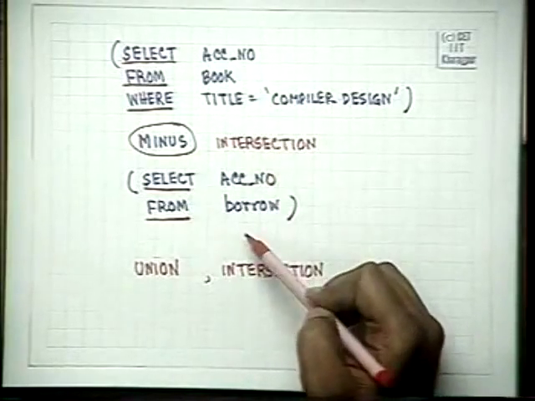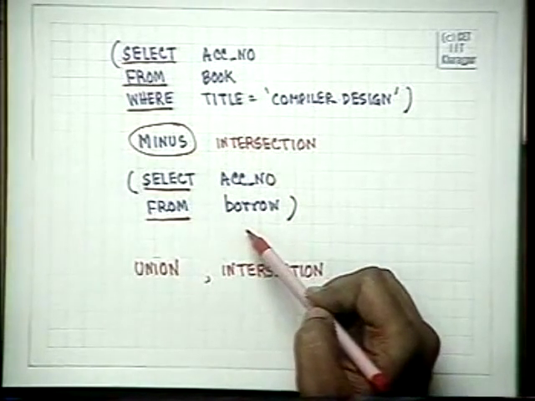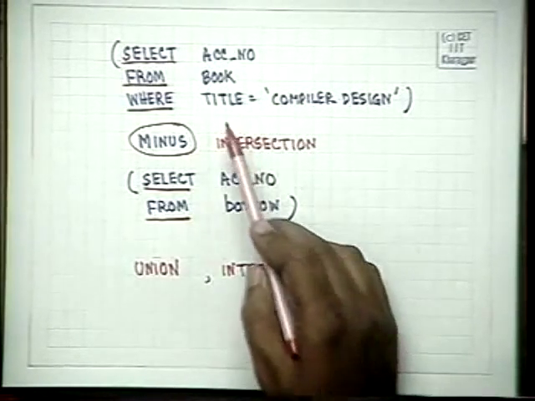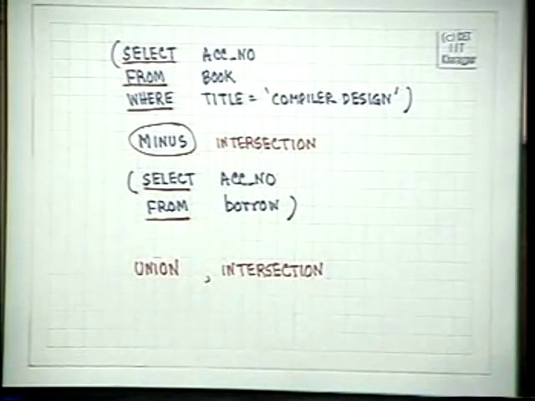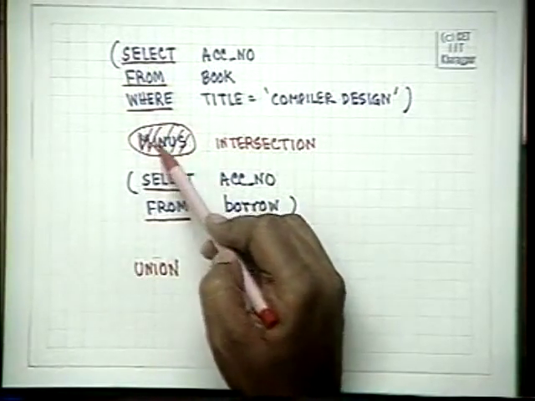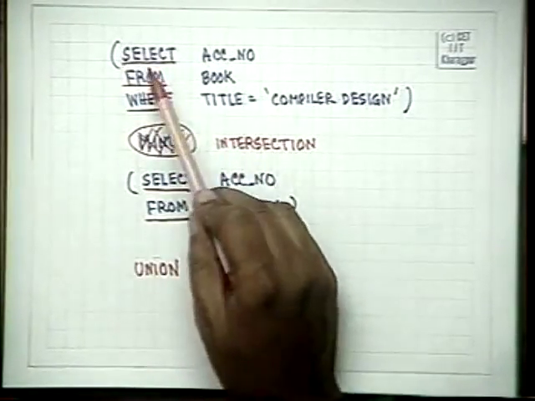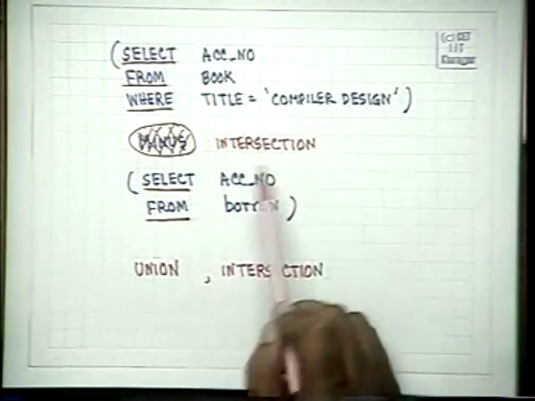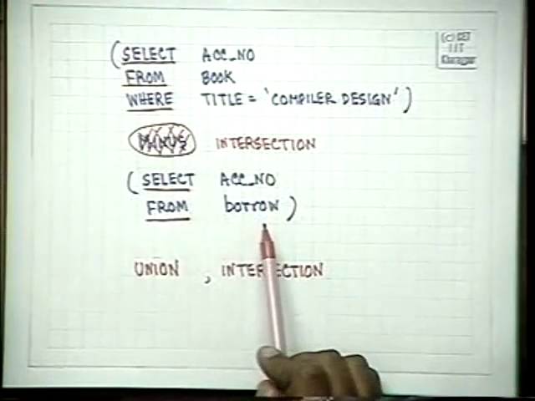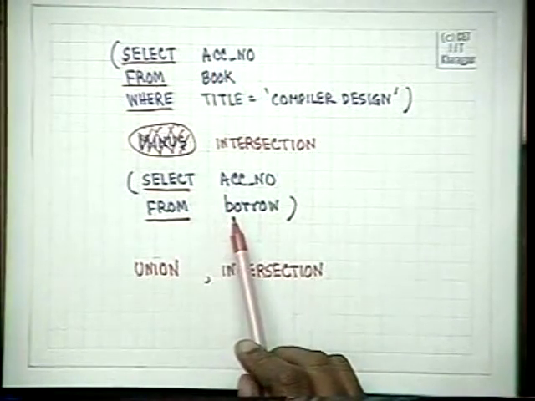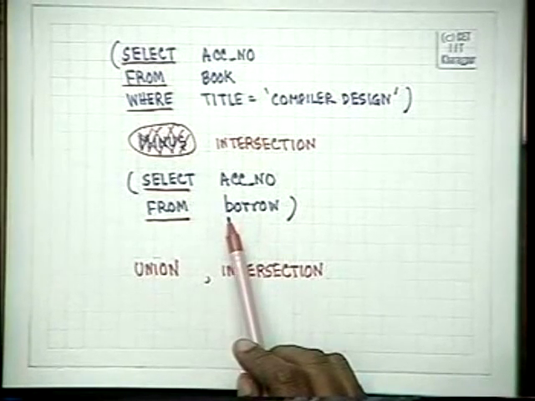This would actually be equivalent to saying select those books which have been borrowed and whose title is compiler design. If I had replaced this minus with an intersection, then it would mean select accession number from book where title equal to compiler design intersection select accession number from borrow. This would give us the accession number of all the books which have been borrowed and whose title is compiler design.